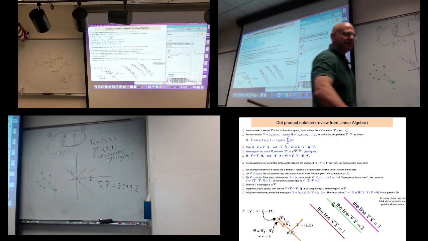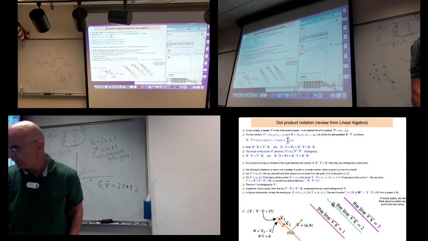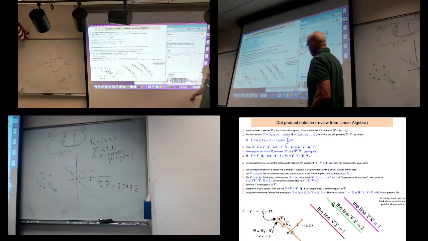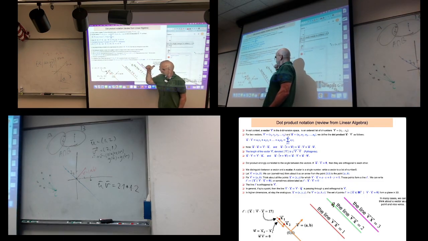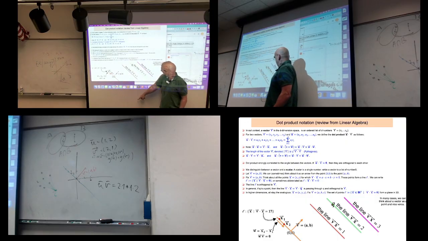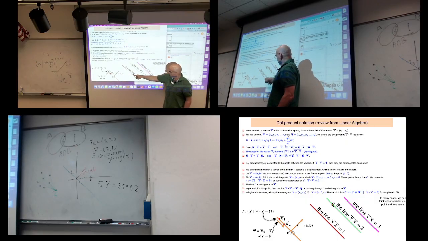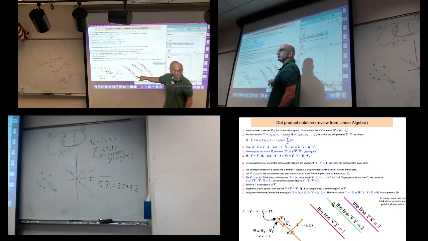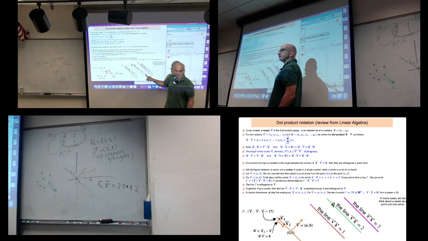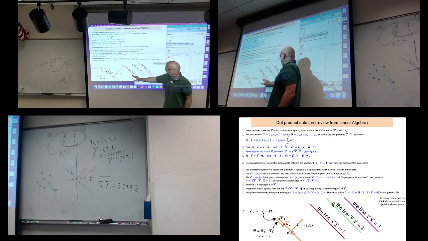Now, what happens, and that will be really relevant for linear programming, I picked v and I don't change it. I keep v somewhere here. And now I'll draw the line of all the points x such that the dot product v times x equals 1. And then I change my mind: I want v times x to be equal to 2. What is the relationship between this line and this line?